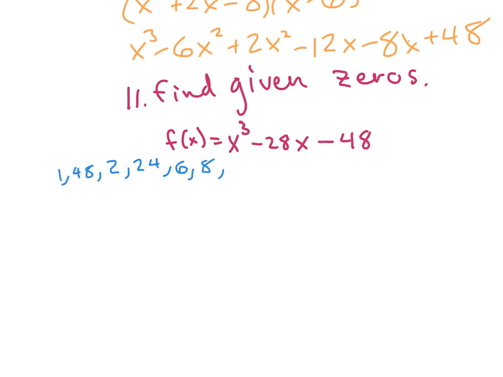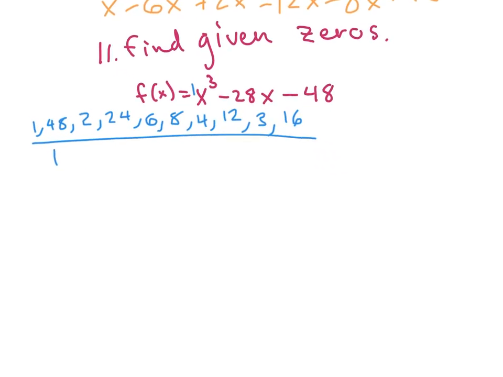And I think there's one more. 4 and 12. There's actually one more. 3 times 16. And I'm pretty sure that's all of them. All right. And then what are factors of 1? Just 1. So all of these are going to be whole numbers.